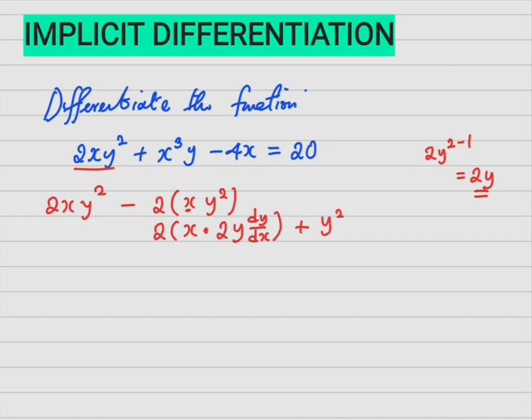Remember, don't forget, this is a product we are dealing with. Then I differentiate what I kept in the first instance, which is this x. Once I differentiate it, I'm going to have 1. The differential of x is just 1. Remember, 2 multiplies everything, so I'm going to have 2 into 2xy dy by dx, then plus y squared.